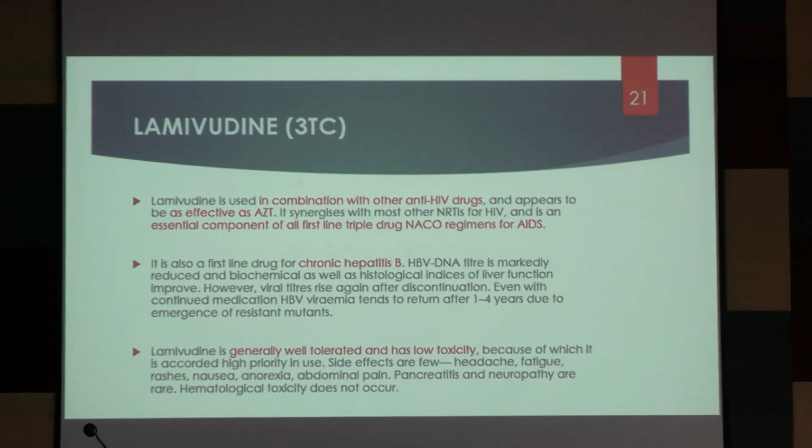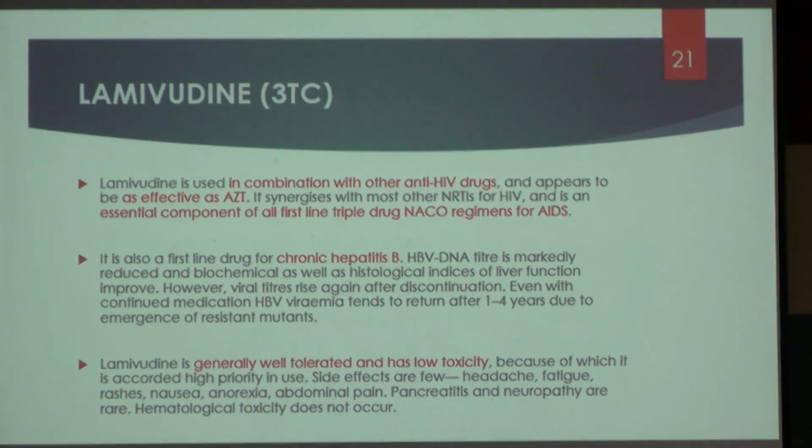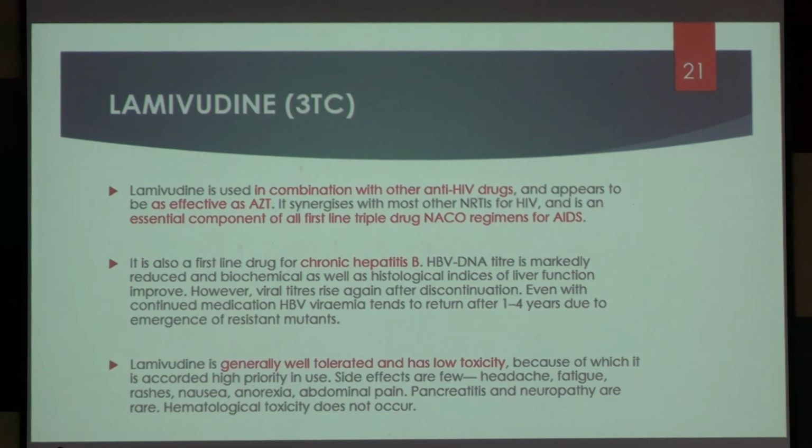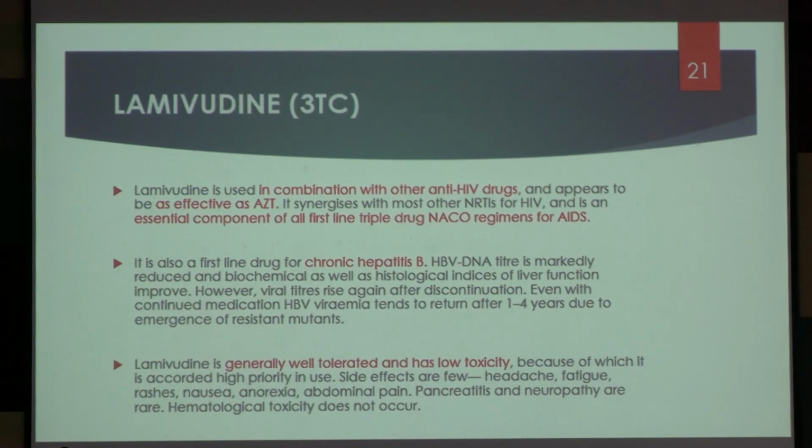It may be used in combination therapy as the first line regimen for the treatment of HIV. They effectively reduce the HBV DNA titer level and improve the biochemical and the histological indices of liver function. They are generally well tolerated, toxicity is low, side effects are few: headache, fatigue, rashes, and others. Hematological toxicity does not develop like that of zidovudine.